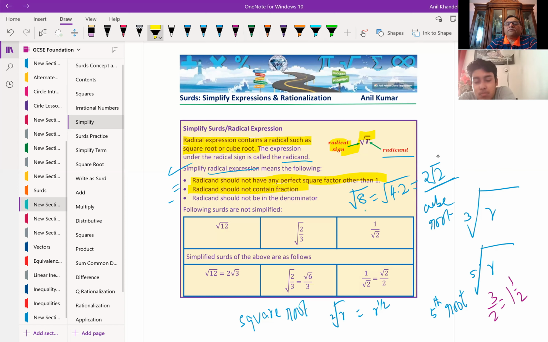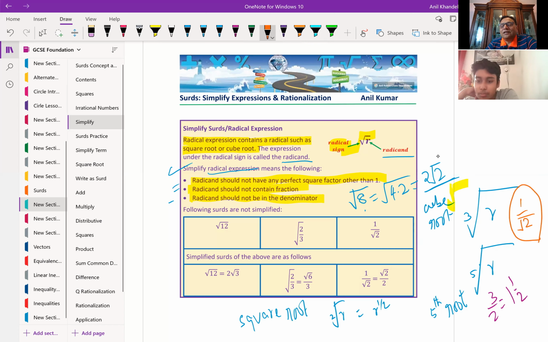Radicand should not contain fractions. Inside this, we do not want fractions, right? Radicand should not be in the denominator. If we don't want fractions, we don't want any radicand in the denominator also. Get the idea? Yes, sir. So if I write 1 over square root 2, that is not simplified.